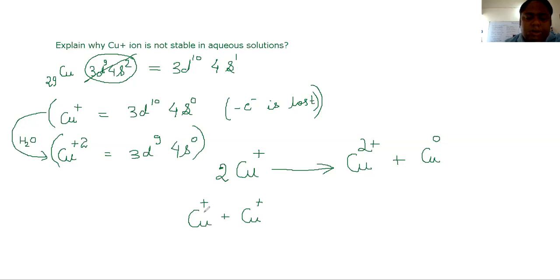It gives its one electron to the other so that it can become Cu0, and this becomes Cu2 plus.